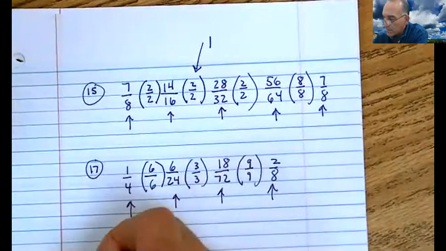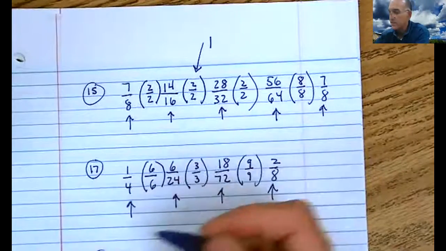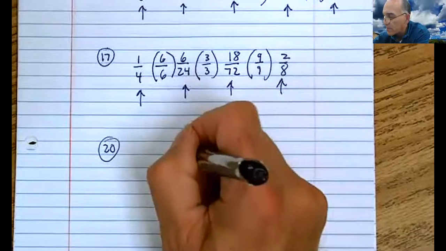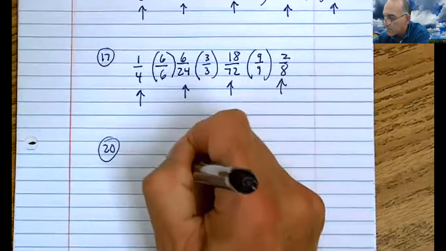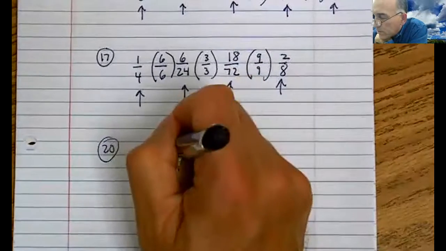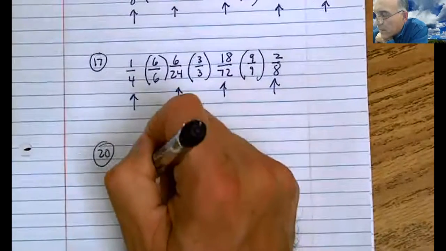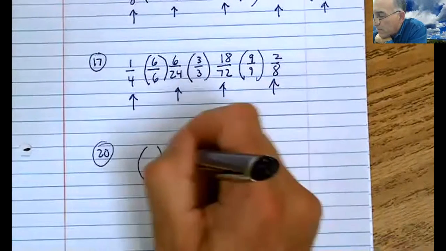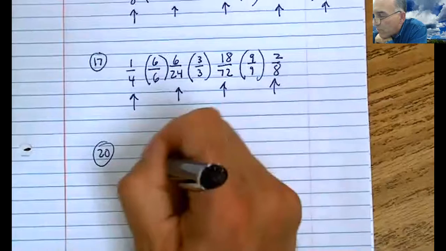Number 20. Number 20 looks like this. They give you 20/48. I'm going to give myself some space here. Okay, I will slow down for you. I could divide this by, I don't know, let's divide it by 4.